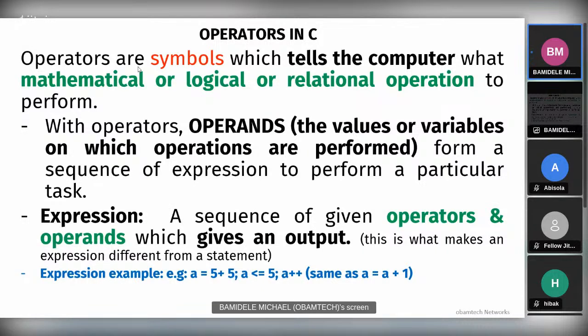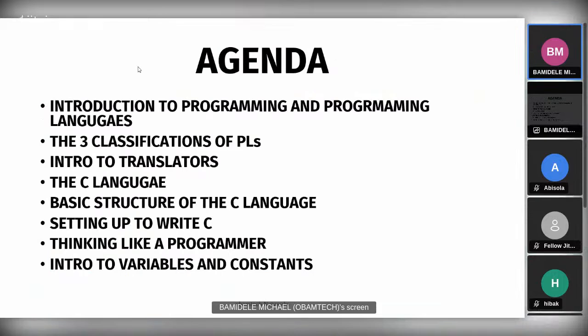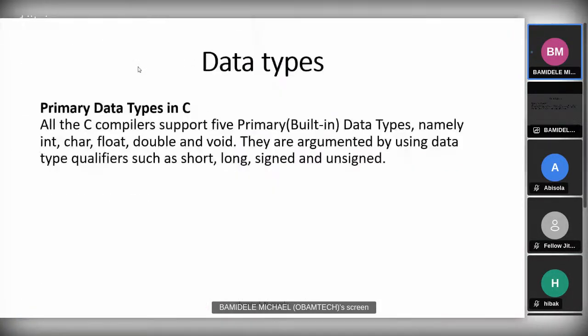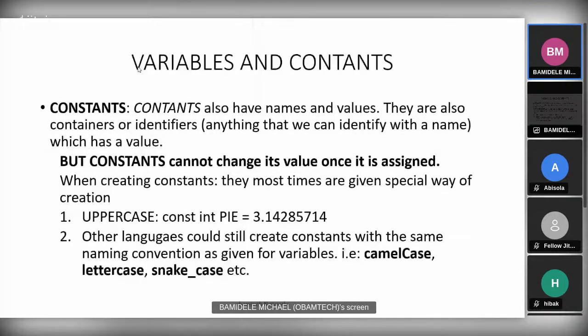So before coming to operators, we talked about a lot of things like variables, constants, even the term identifiers. If I do a quick recap of the slide, even coming from this point, we've talked about many things.